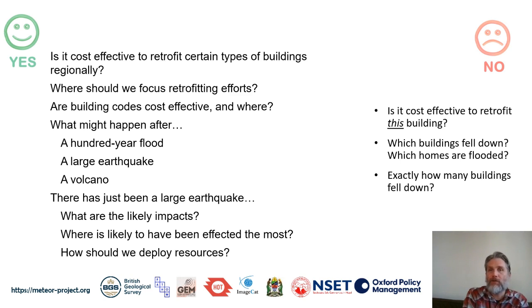We try to correct for bias as much as we can during that process. I might tell you whether it's cost effective to retrofit this building if it is a very typical URM, for example, in an area that's high hazard, and you've decided to have a program to mitigate or retrofit all of those types of buildings.